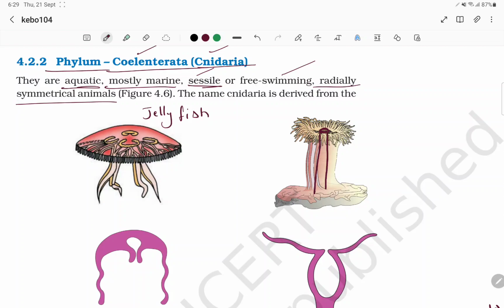You can cut the organism into any plane passing through. Because of this circular orientation, all the directions will have an equal distribution of water. So each and every part will be receiving nutrition, and from each and every part excretion also will be possible.